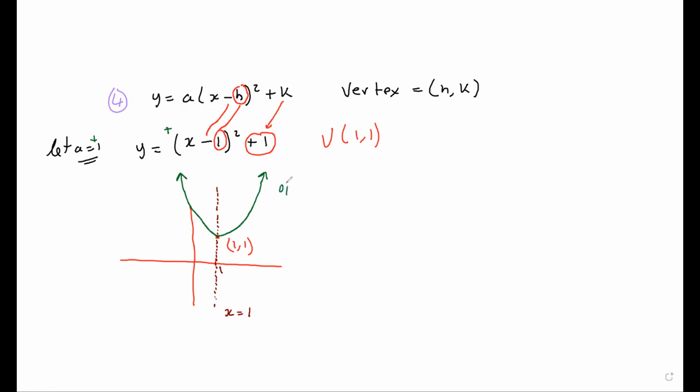We open upwards. Your vertex is here. Your line of symmetry is down here. And you can see the minimum point will be y equals 1. This is the lowest point of the graph. Doesn't matter where on x you are, but this will be the lowest point here, and that's your vertex.